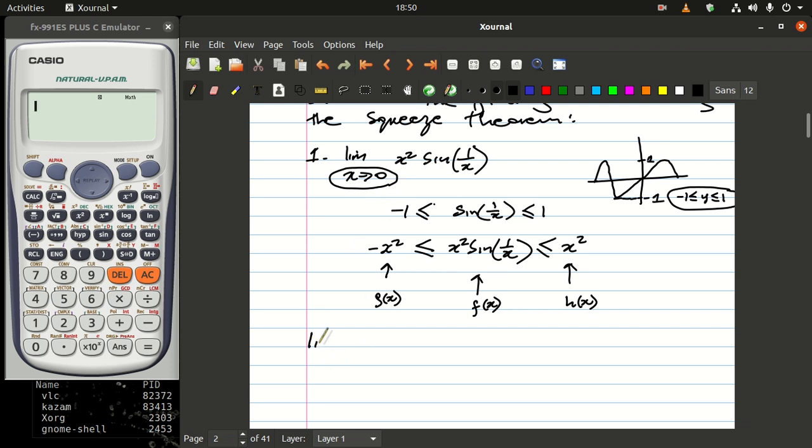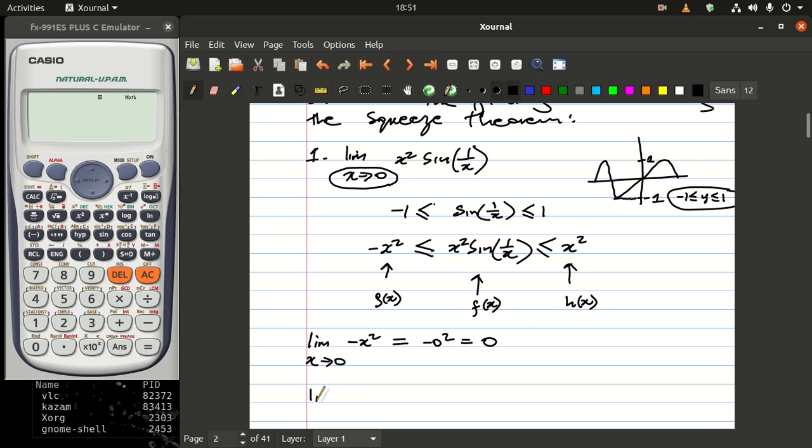So I'm going to find the limit as x approaches 0 of minus x squared, which is this g of x. Now, how do you evaluate a limit? First, you plug in and see what you're getting. If I plug in here, what I am getting is minus 0 squared, which is just 0. So that is my limit because I can plug in and get the output.